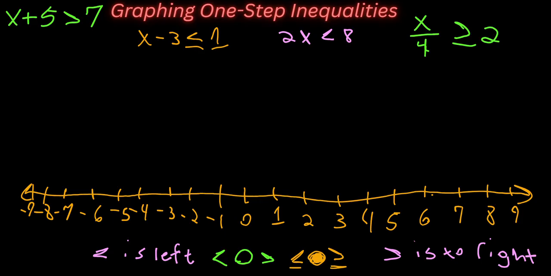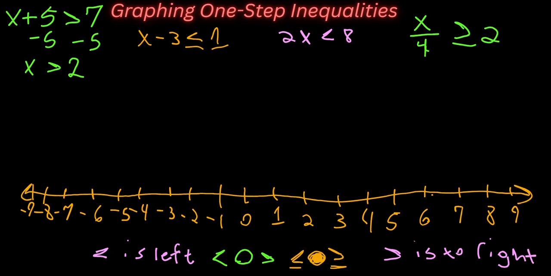so let's start with this one on the top left, the green. As we have discussed, our first step is to solve the equation. We subtract 5 from both sides, and we get 7 minus 5, which is 2. Okay, so that's going to be an open circle because it's just x is less than 2.